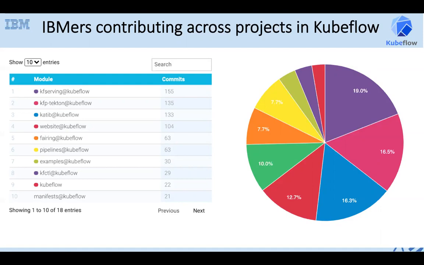Kubeflow Pipelines is another area, and in this case, Kubeflow Pipelines on Tekton, and I will come to it, is where we are doing a lot of contributions. But we have also been contributing to Katib, Fairing, and the general Kubeflow control plane, which is something we tend to leverage heavily across the OpenShift ecosystem.